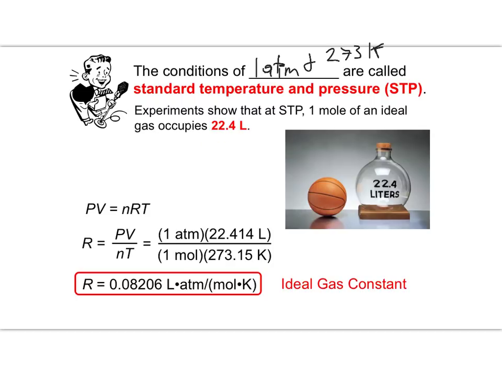So with 1 atmosphere of pressure, standard pressure, that experimental value of 22.414 is the full value, but for calculations later we'll use 22.4 liters, 1 mole of gas, then 273.15 Kelvin. That's the full value; for calculations later we'll use 273. That is where the ideal gas constant comes from.